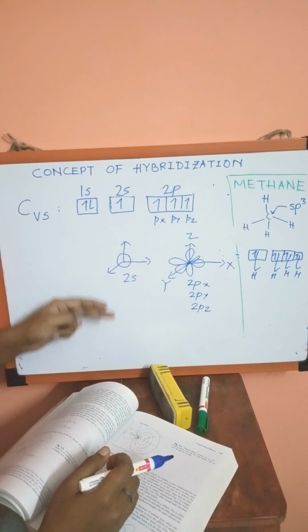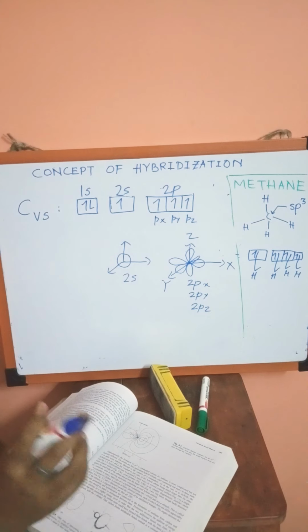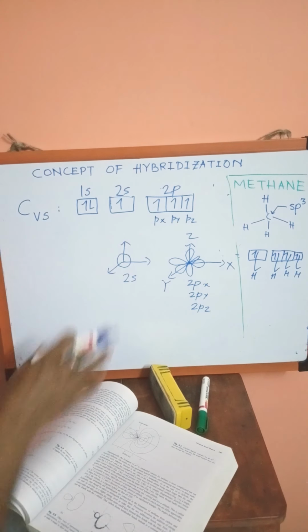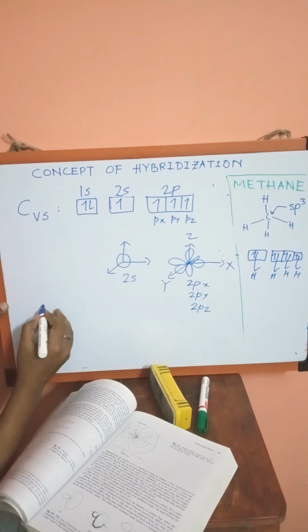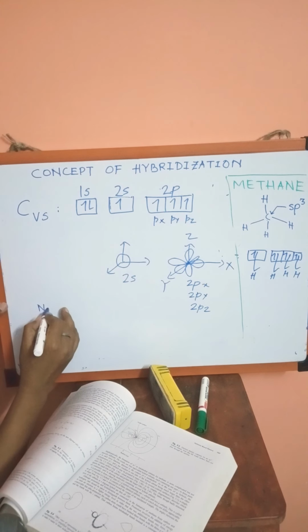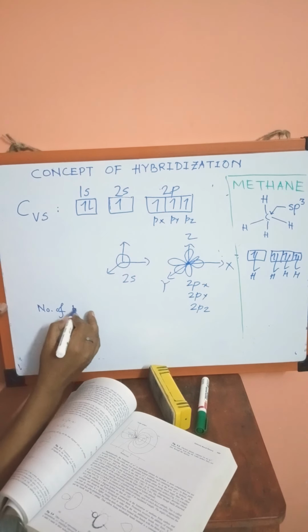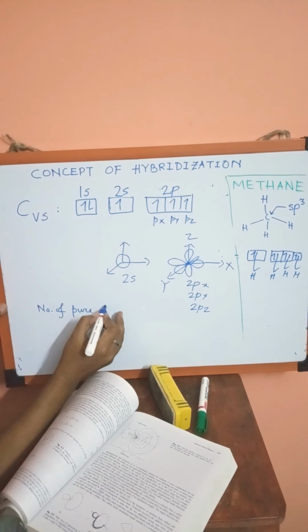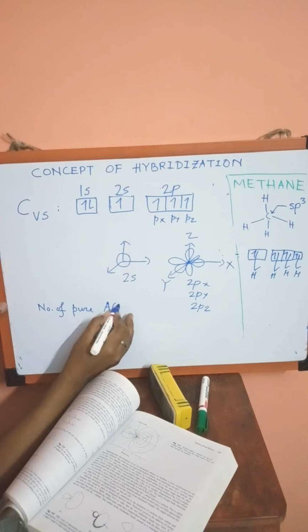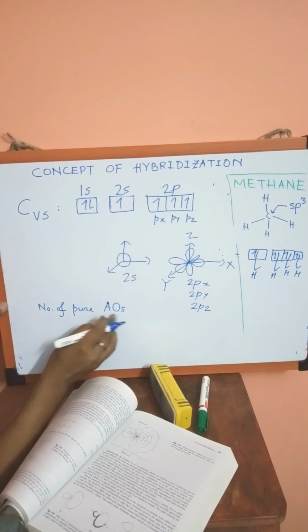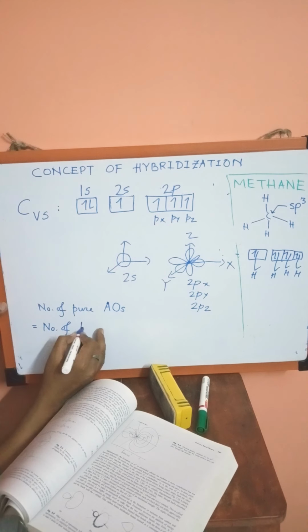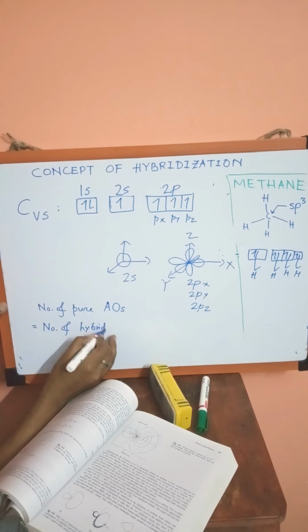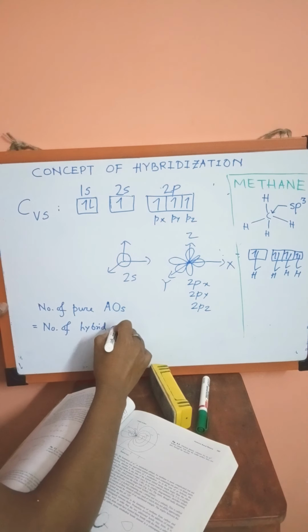The result will be a completely new set of 4 orbitals, and this follows the rule of linear combination, that is, and this is very important, the number of pure atomic orbitals, AO, is equal to the number of hybrid orbitals.